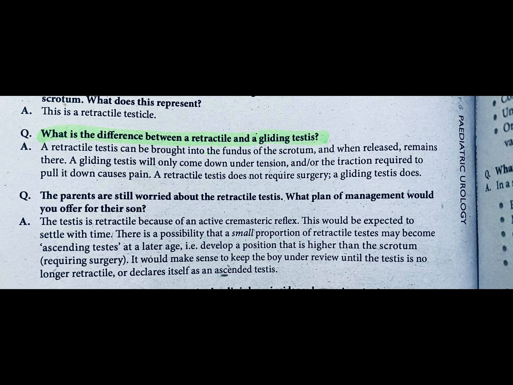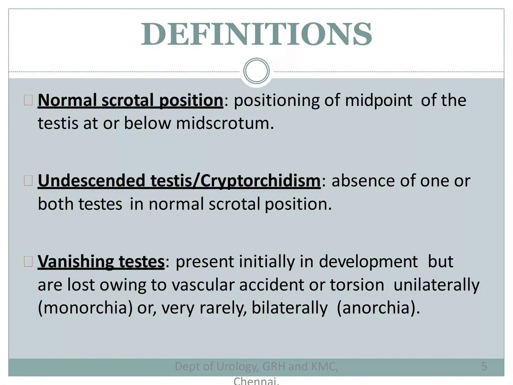Now coming to the difference between vanishing testis and agenesis. Vanishing testes are those which are initially present in their development but are lost due to some vascular accident like testicular torsion.